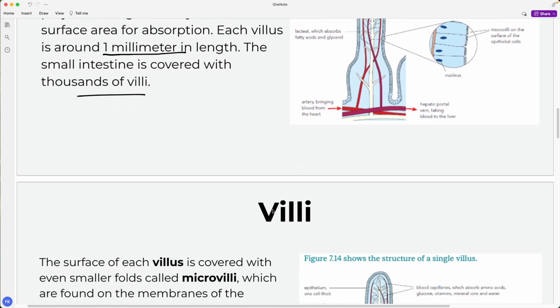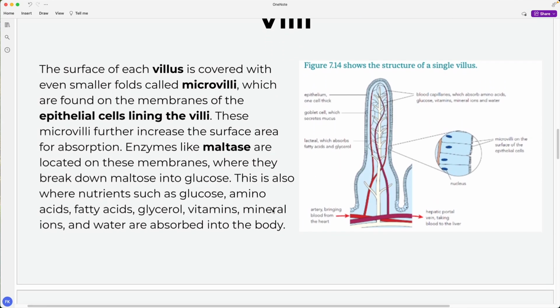Now if we look more into the structure of villi, when you zoom it out, you will see there are microvilli on the surface of the epithelial cell. This is the epithelial cell. This structure is villi, right?